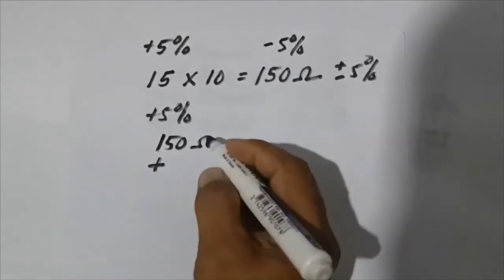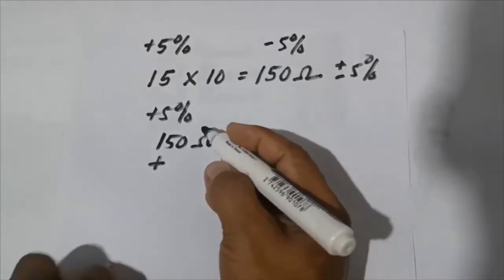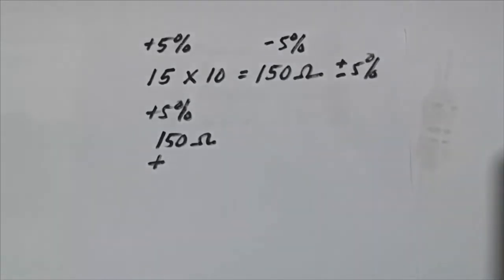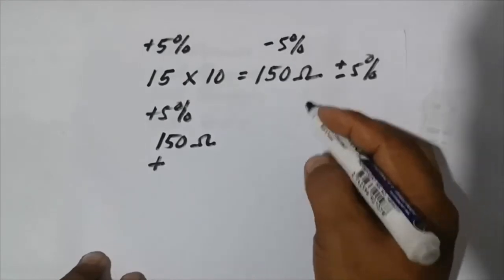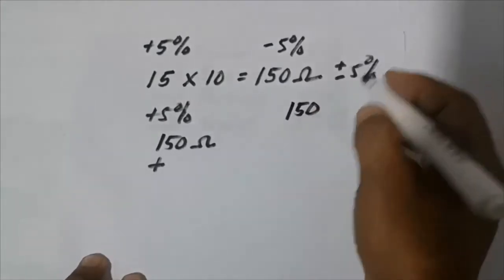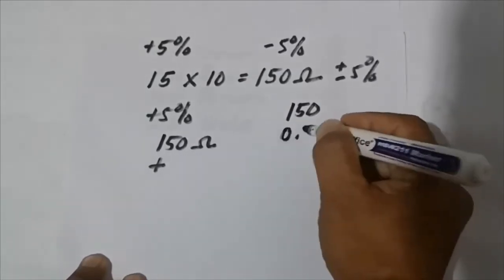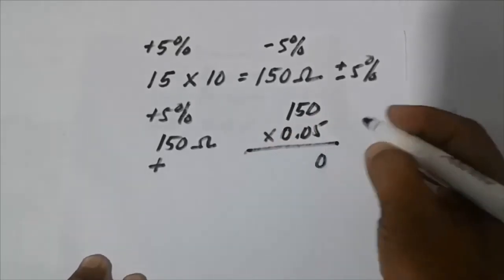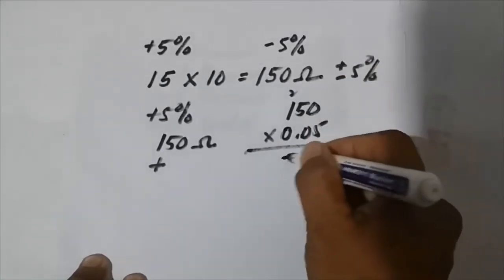Where are we going to get the 5%? We have to compute for the equivalent 5% from the value of the resistance. So, we have 150 multiplied by 0.05 will give us the equivalent of 7.5 ohms.